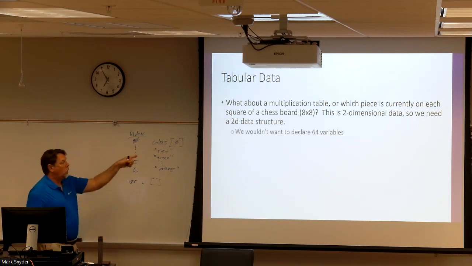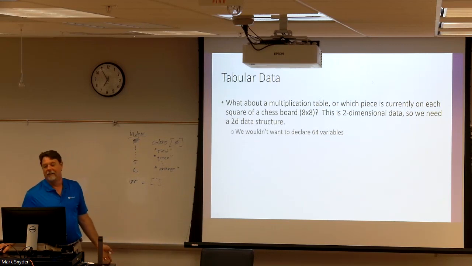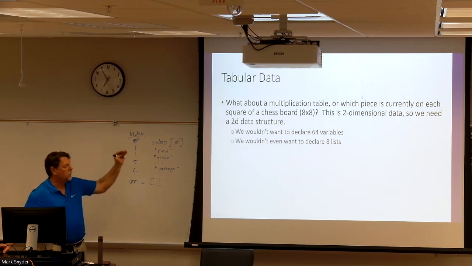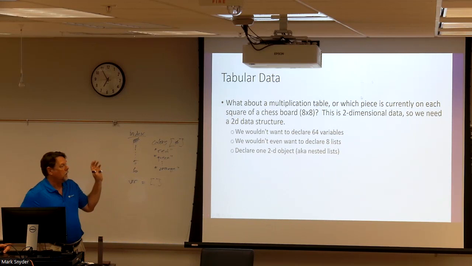For the chess example, we don't want to declare 64 variables. That's not fun. And we wouldn't even want to declare 8 lists, one for each row. So what we really need is one two-dimensional structure. Think of this as a nested list, a list within a list.